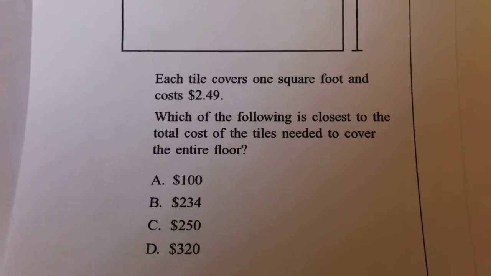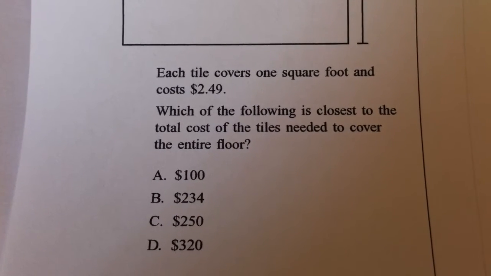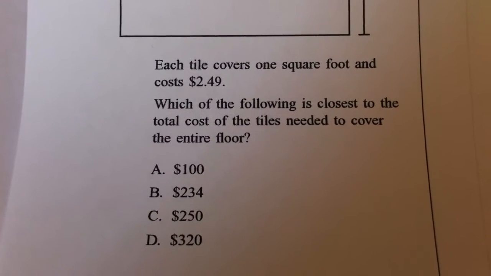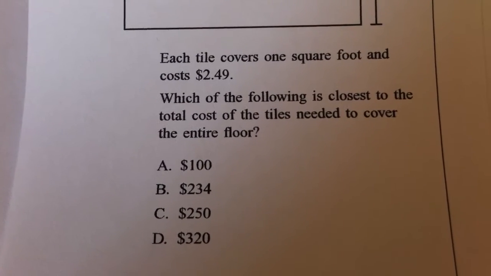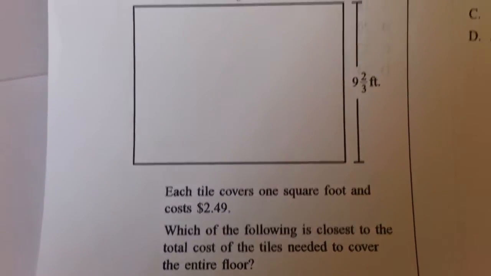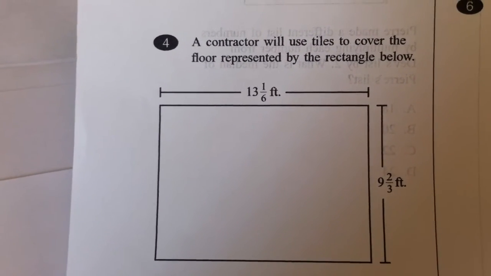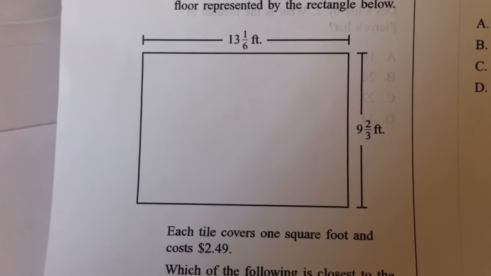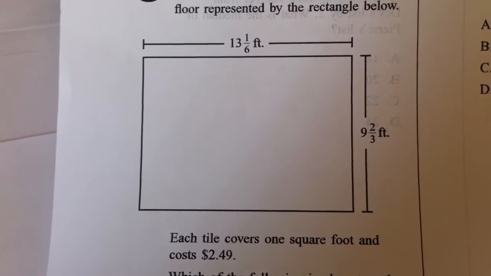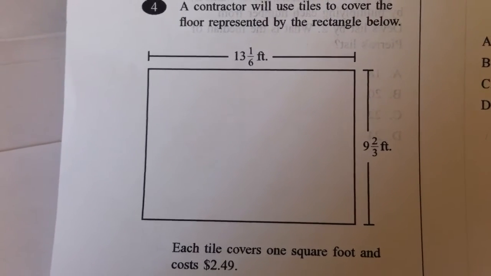Which of the following is closest to the total cost of the tile needed to cover the entire floor? And we are given 4 different choices. So we have, for example, a kitchen floor with this dimension, and we want to put tiles. Each tile is 1 square foot, and we want to see how much we have to spend.